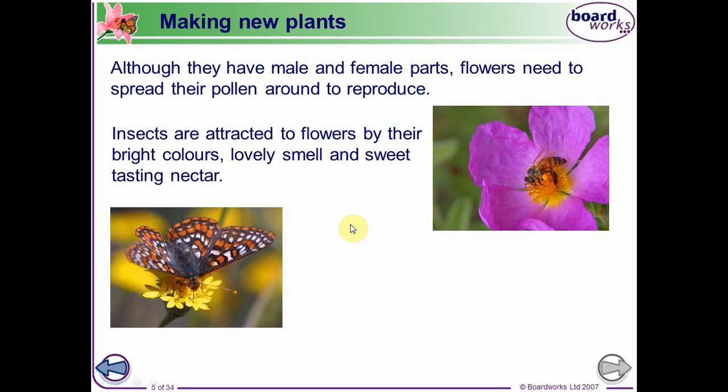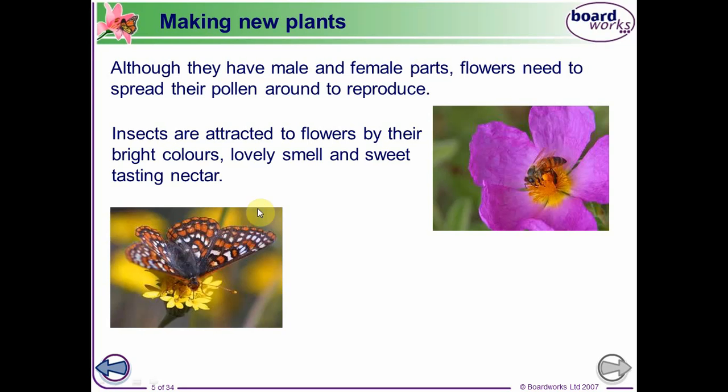How could the pollen grains transfer from the male flower to the female flower? We have three ways. Number one, by the air. The air can carry the pollen grains and transfer them from one flower to another.